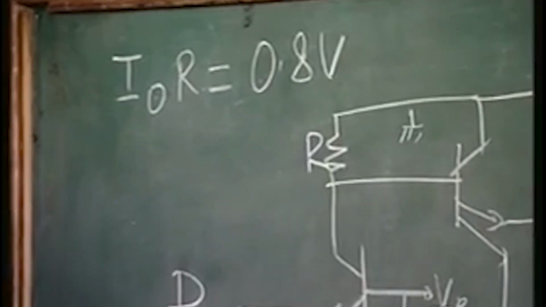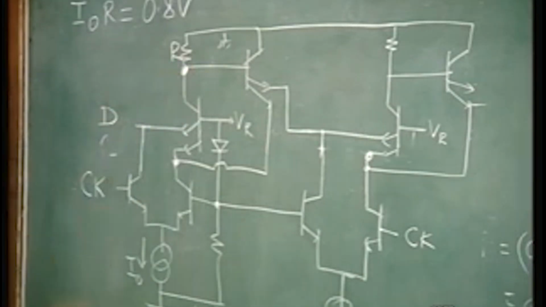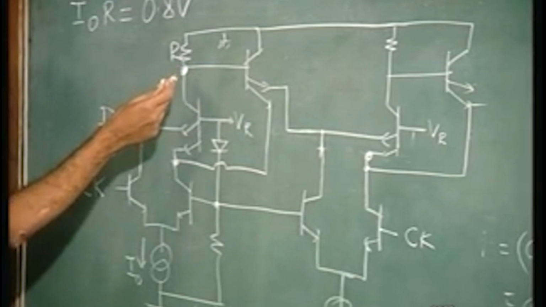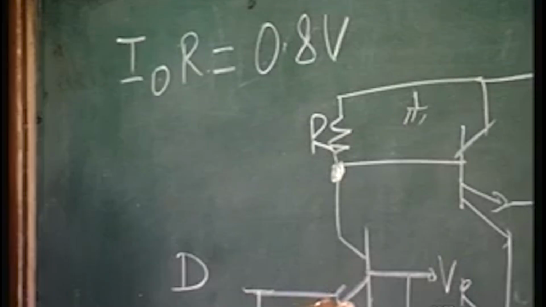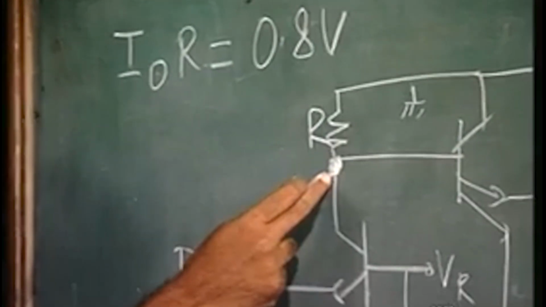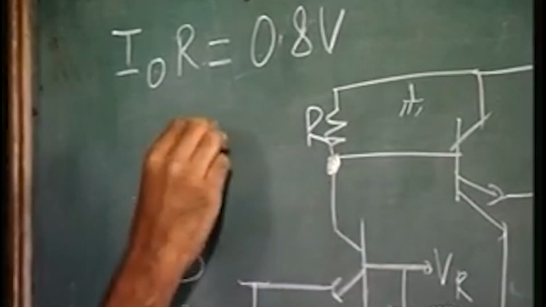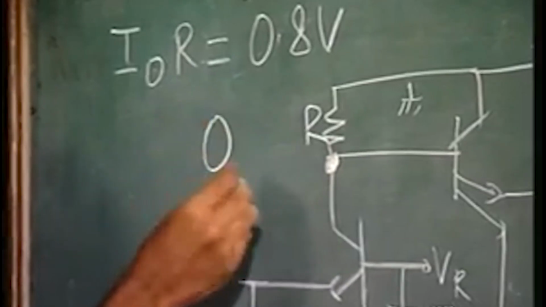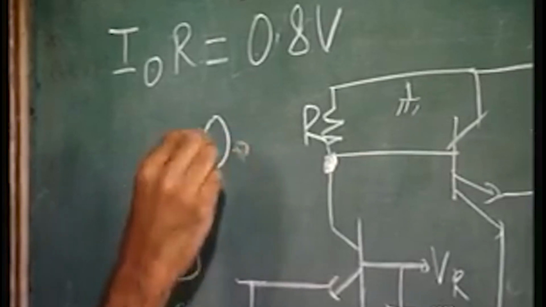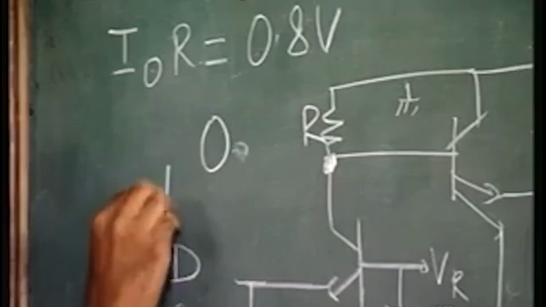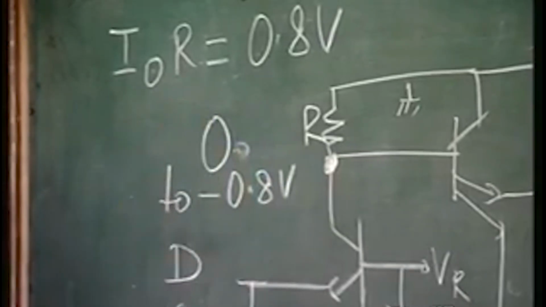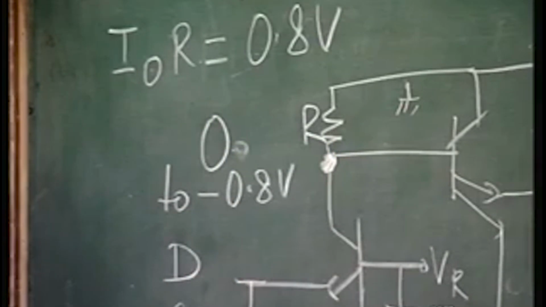So the voltage here at this node can either be 0 volts if this transistor is not conducting, or it can be minus 0.8 volts. So here the voltage variation is 0 to minus 0.8 volts. This is the voltage variation at this particular node.